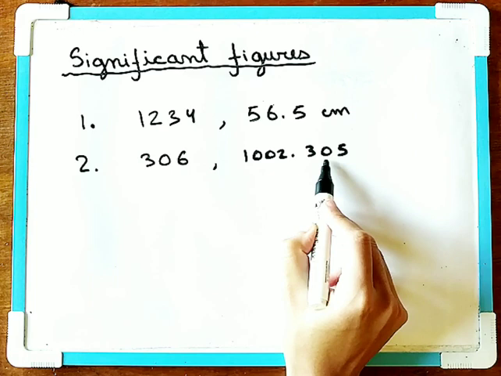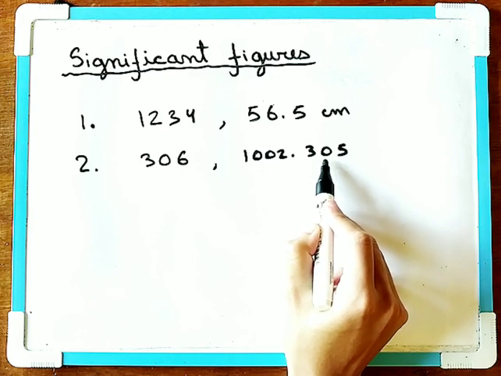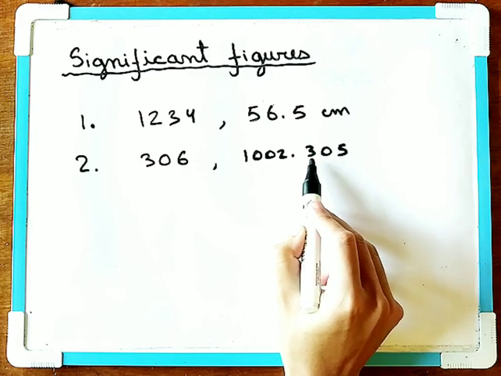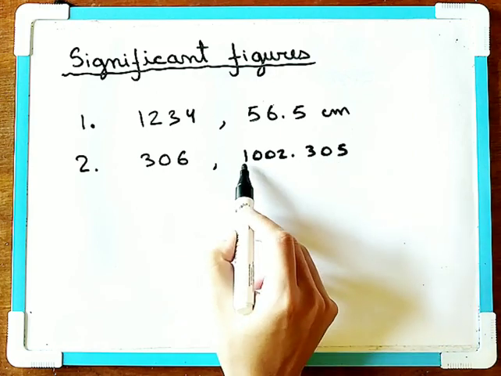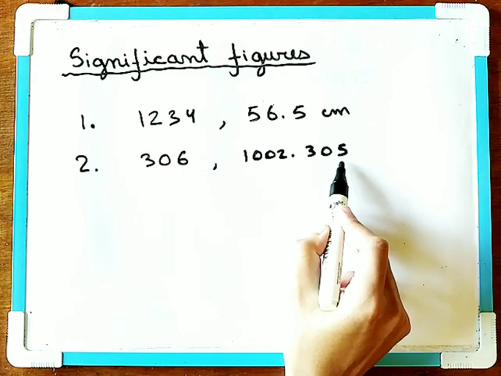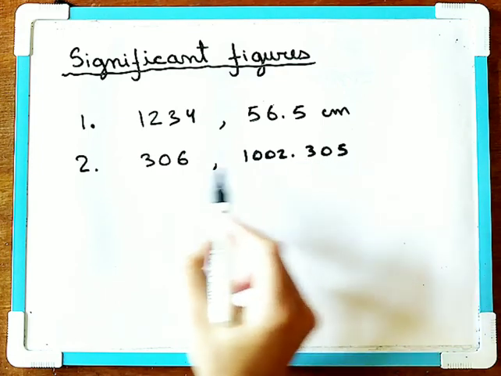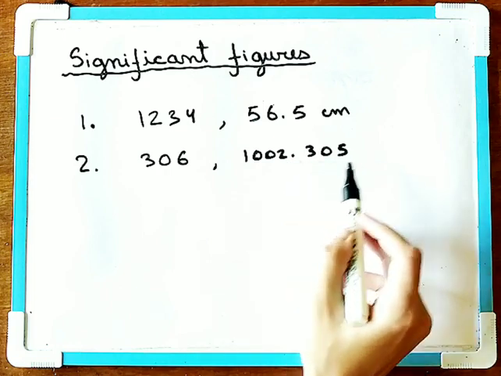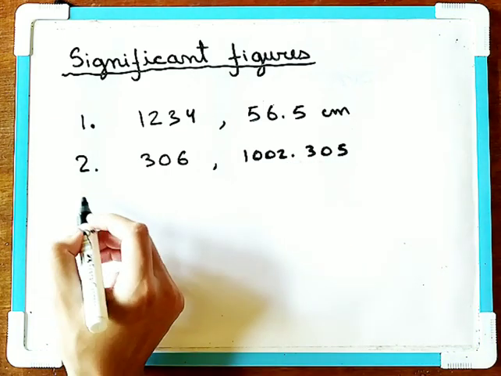Even this 0 is significant because it is between 3 and 5. So here we have 7 significant figures. So that's the second rule.